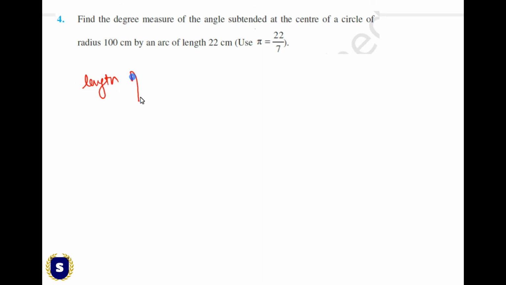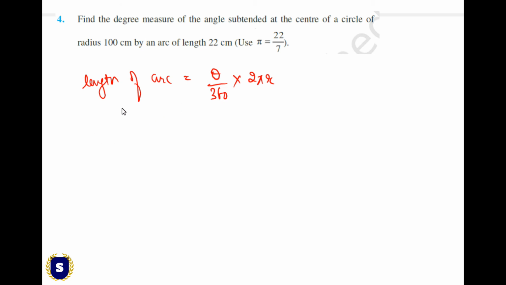Length of arc is given by the formula theta by 360 into 2 pi r. Here theta should be in degrees, right? Okay.